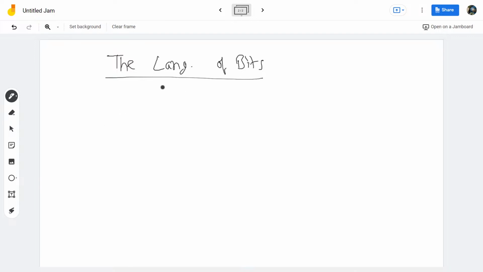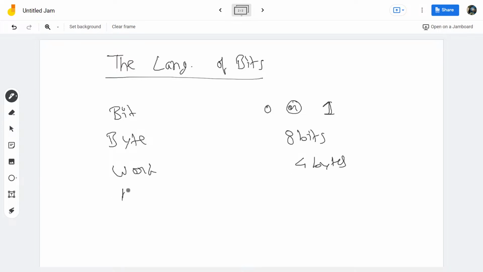Now, what is a bit? A bit only contains 0 or 1. And there is one more term, that is a byte. The size of a byte is 8 bits. As we move forward, we have one more category, that is word. A word has 4 bytes.